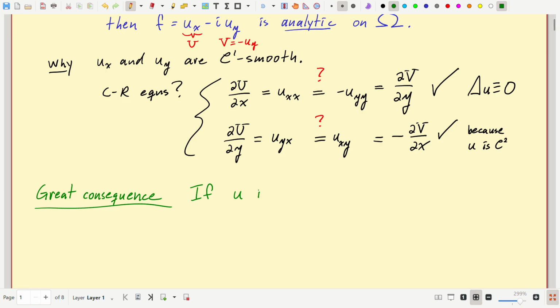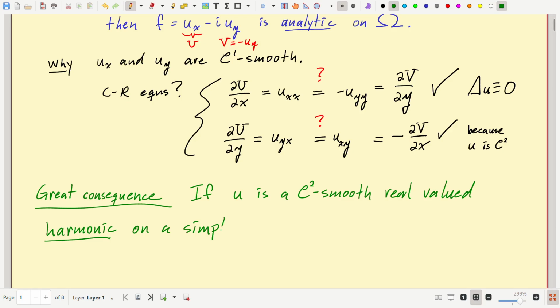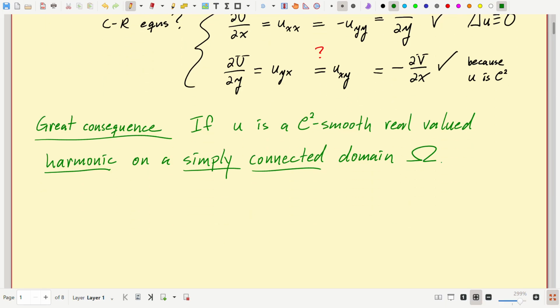But if u is a C2 smooth, real-valued harmonic function on a domain, let's see, it's got to be a simply connected domain, on a simply connected domain, which means a domain with no holes, then u has a harmonic conjugate. I would call it a global harmonic conjugate.